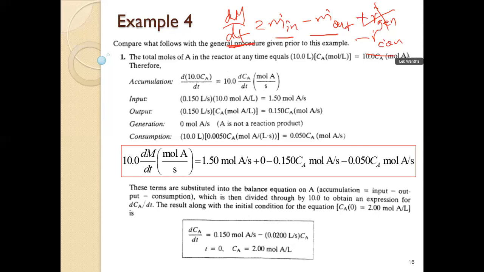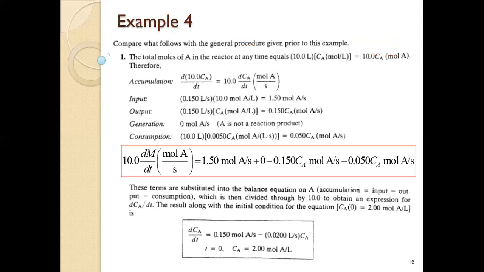For the first term, accumulation, you can calculate the moles of A in the reactor at any time. The moles of A in the reactor at any time is VC, and you know V is 10 liters.